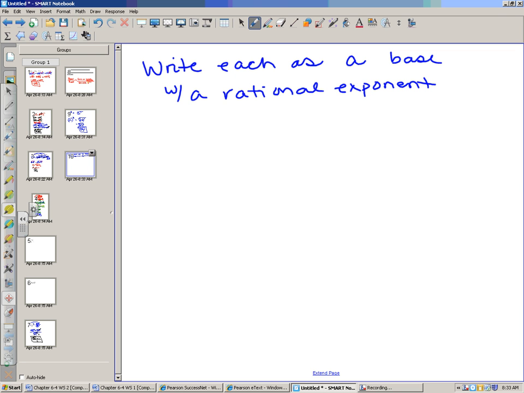For example, oh, it is x to the 2/4, but would I accept that answer? Power over root. What is x to the 2/4? 1/2. So this is actually x to the 1/2, which is the same thing as what, folks?